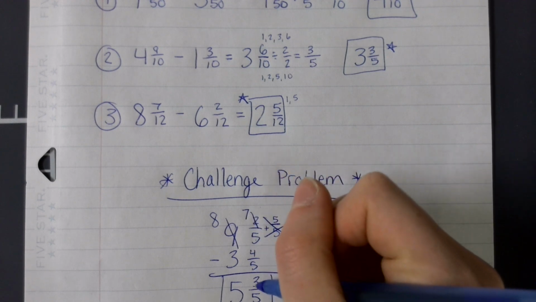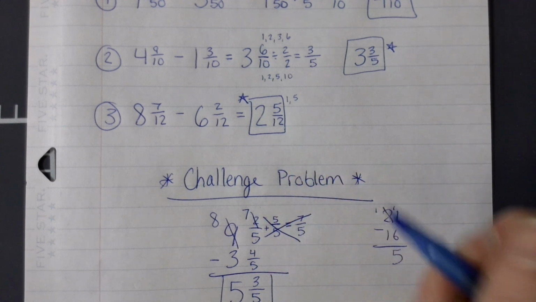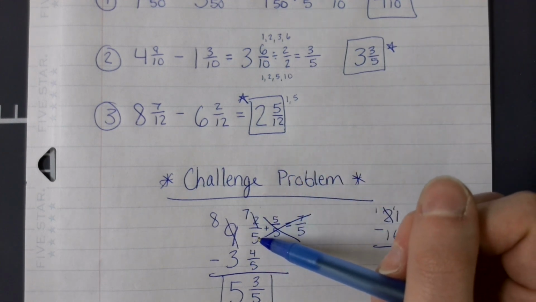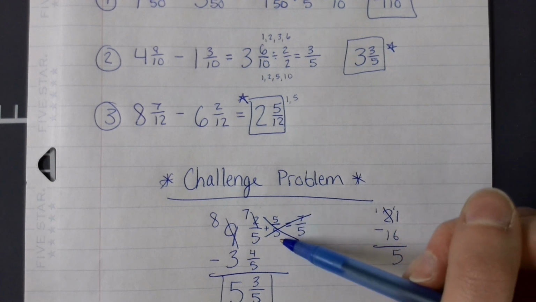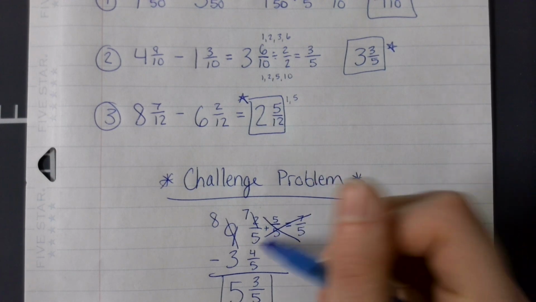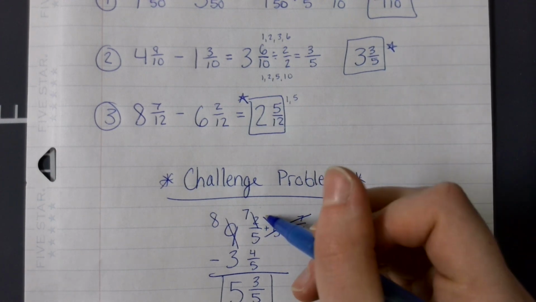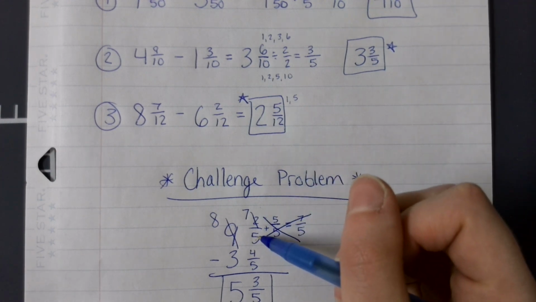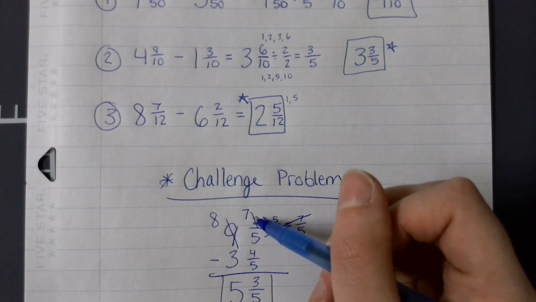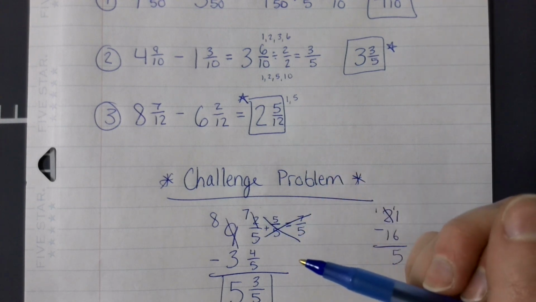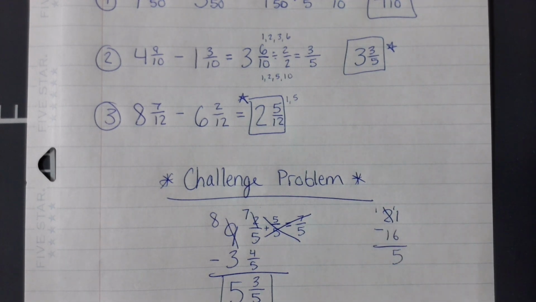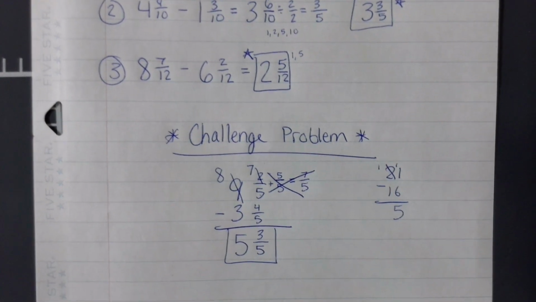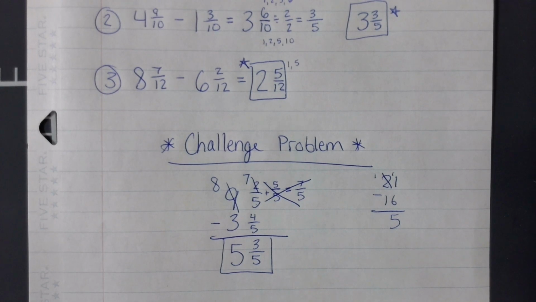And then we can do 7 minus 4 is 3. Let's see how quick that is. Because I know that the denominator creates my fraction of 1, 5 over 5. So instead of writing all that out, if I understand that this is what I'm doing, then I can just add the denominator to my numerator to create my new numerator. Okay, so that is definitely a challenge, and I don't expect all of us to understand it. But for those of us that would like a little bit of challenge with this, there you go.